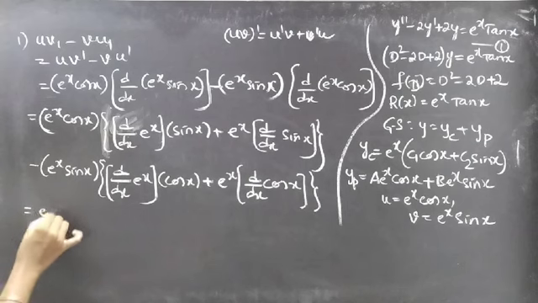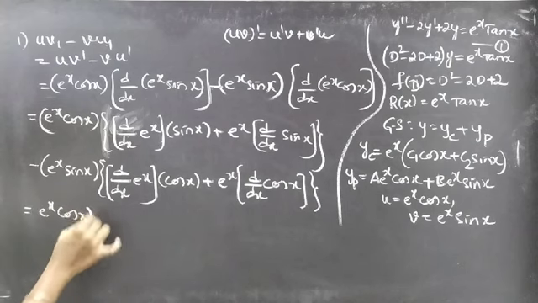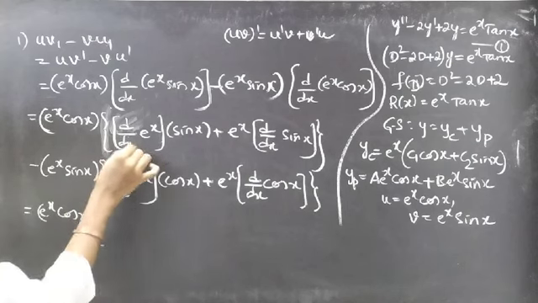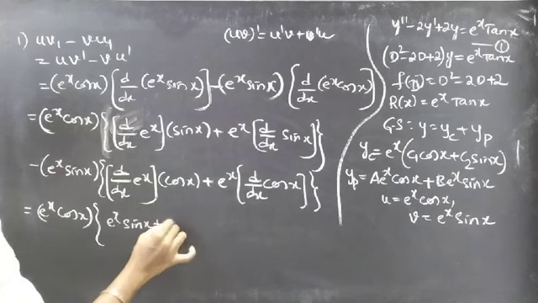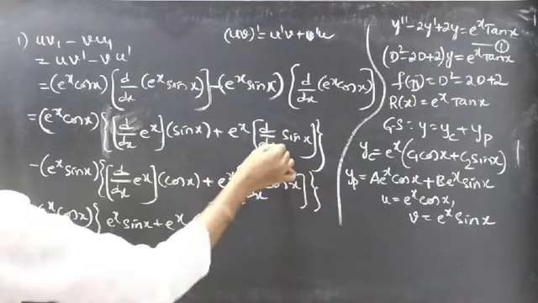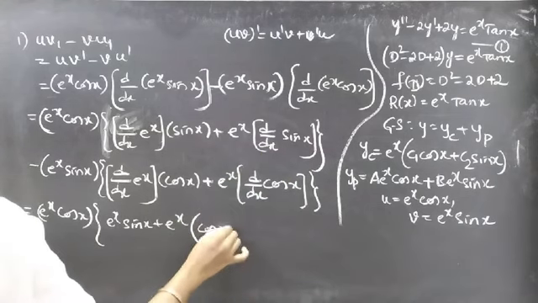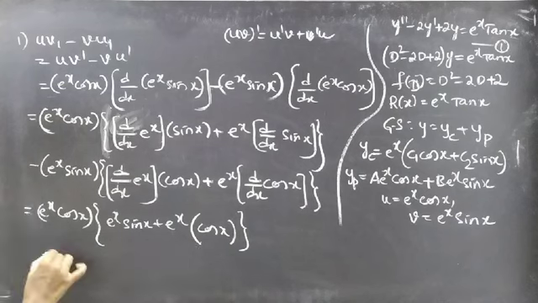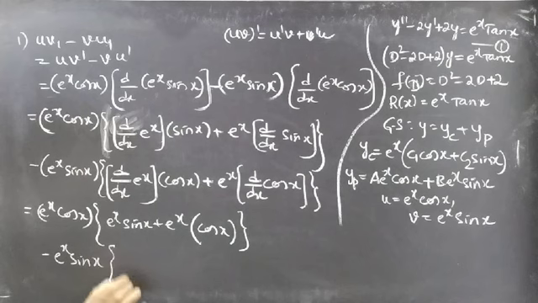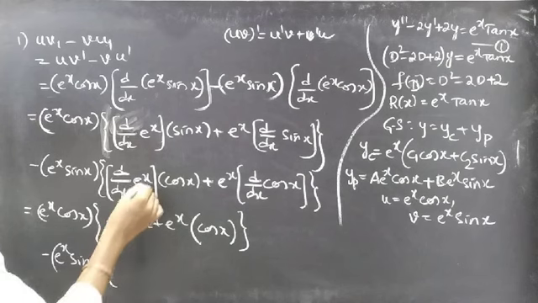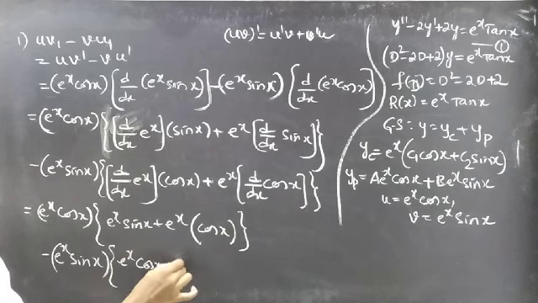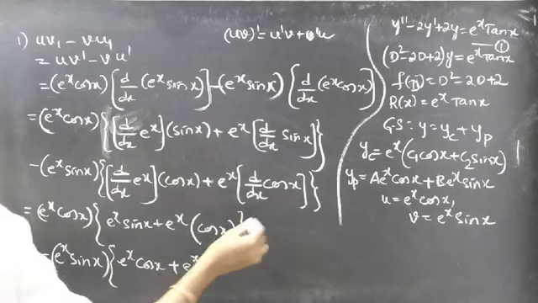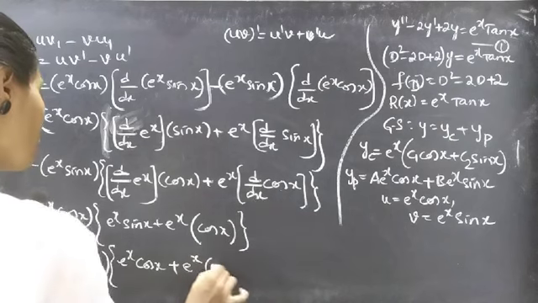This is equal to e power x cos x into derivative of e power x with respect to x, which is e power x into sin x, plus e power x into derivative of sin x with respect to x, which is cos x, minus e power x sin x into derivative of e power x with respect to x, which is e power x cos x, plus e power x into derivative of cos x with respect to x, which is minus sin x.